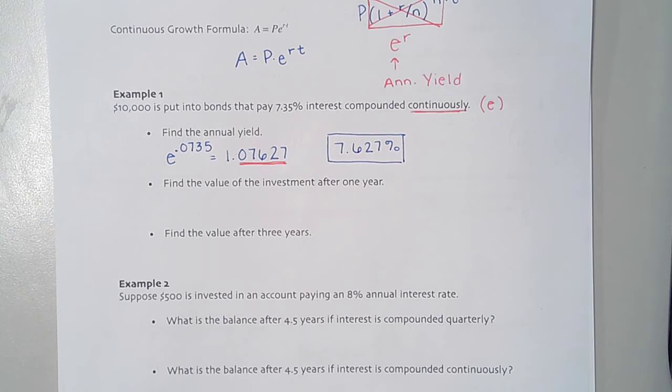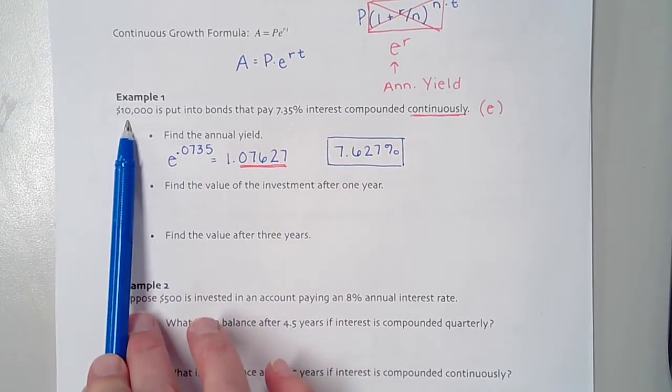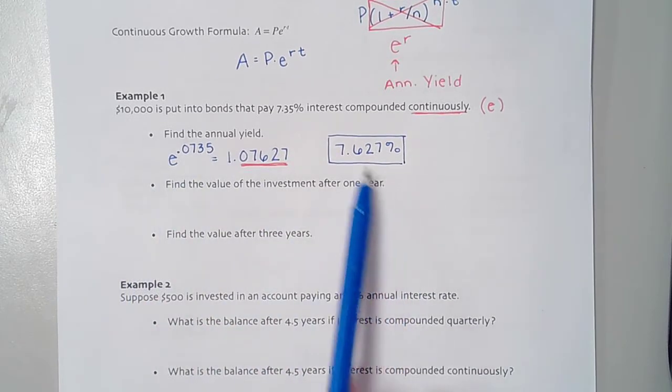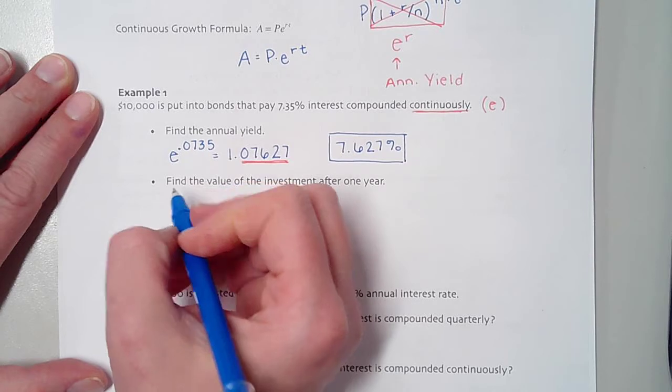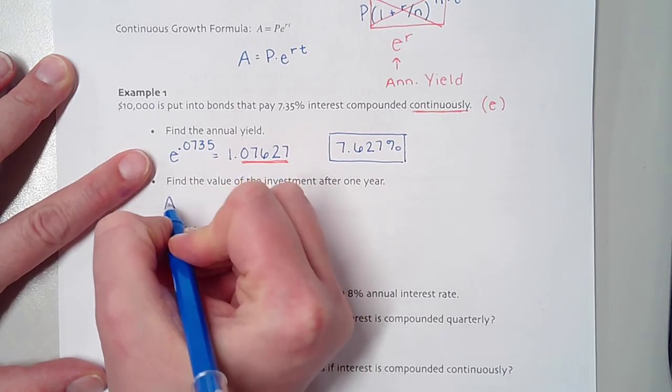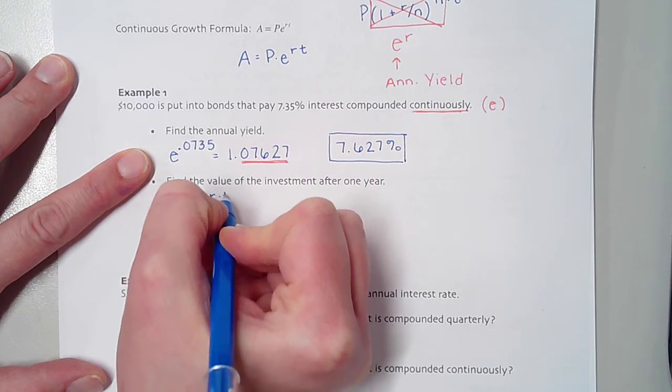Okay, find the value of the investment after 1 year. Notice that to find annual yield, I didn't care about what my actual investment was. This is just a percentage, right? To find my value after 1 year, this is where I'm going to use this formula, P e to the power of rt.